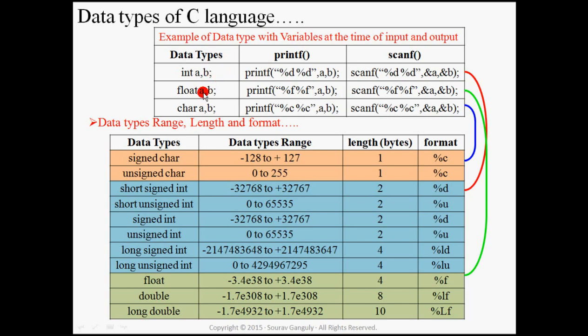In the same way, a and b of type float can hold any number that contains the decimal point, and character a, b can hold any value of the type character. That means any letter present between single inverted comma.